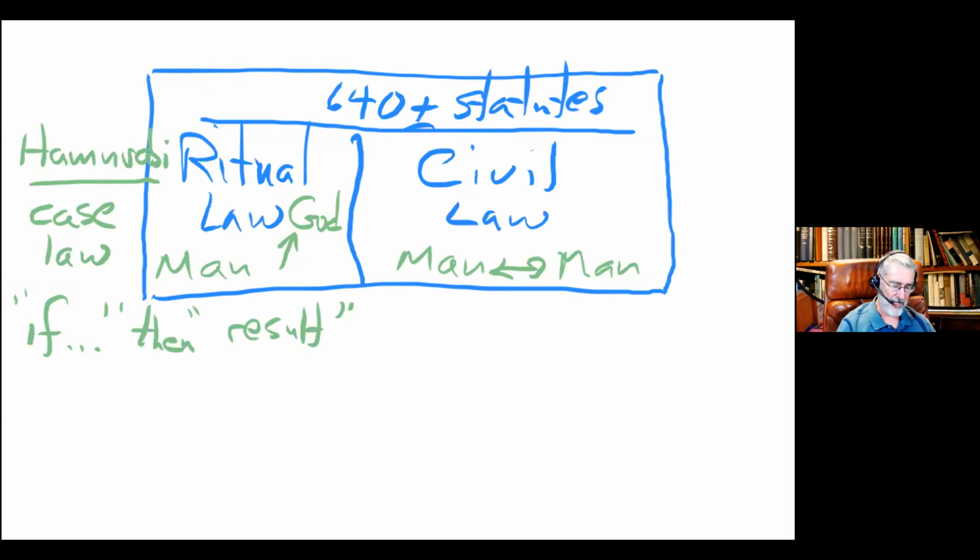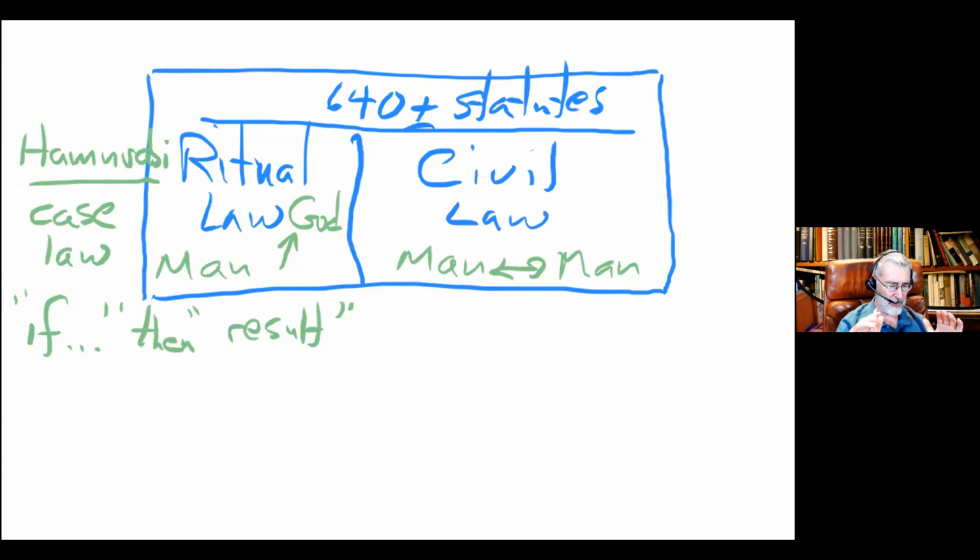What Hammurabi did was to, and actually it's probably not Hammurabi himself, but his assistants, collect as much case law as they could find. They put it all on one big stele, and that had the advantage of giving some order to Mesopotamian society.